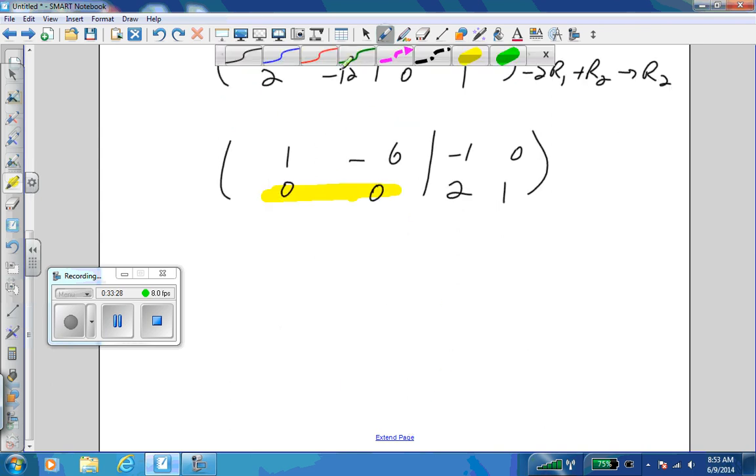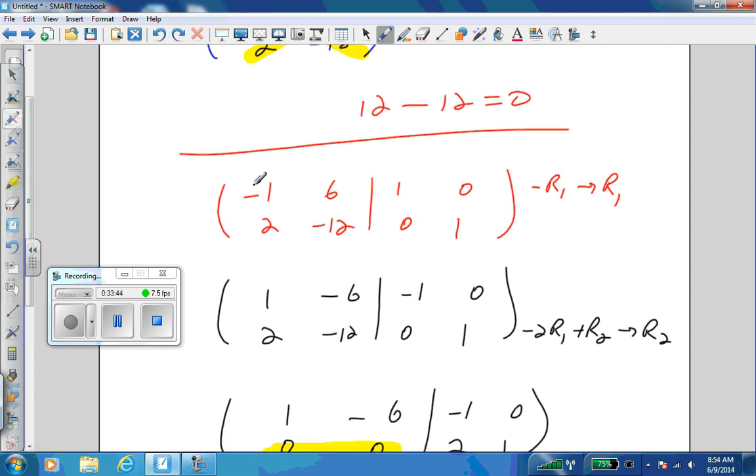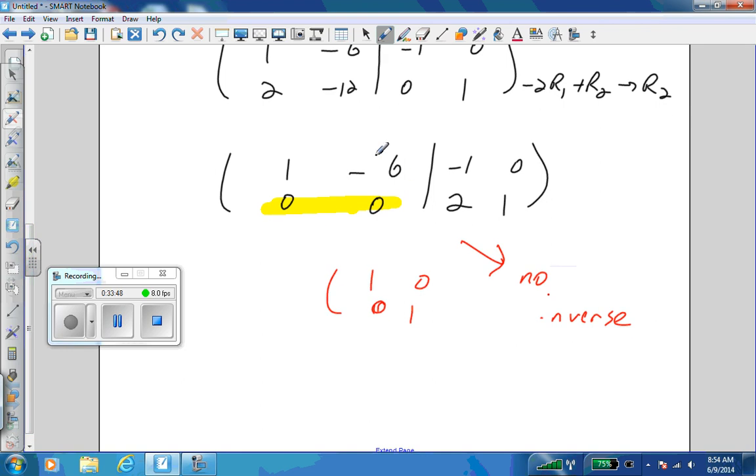So we're not going to be able to come up with that. Hence, no inverse. Basically, we took matrix A. It does not have as many pivots as it has columns.